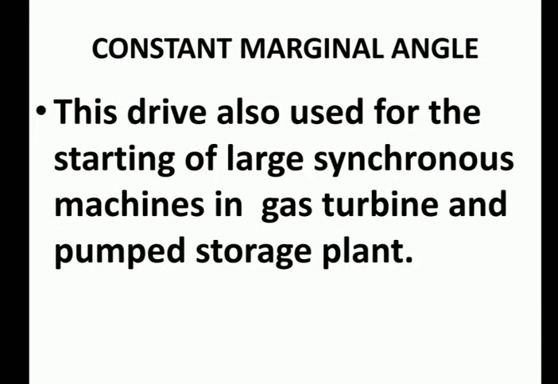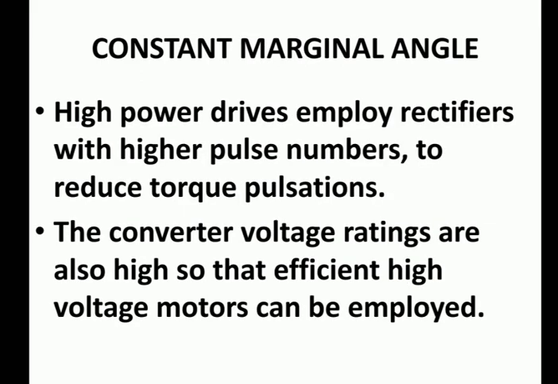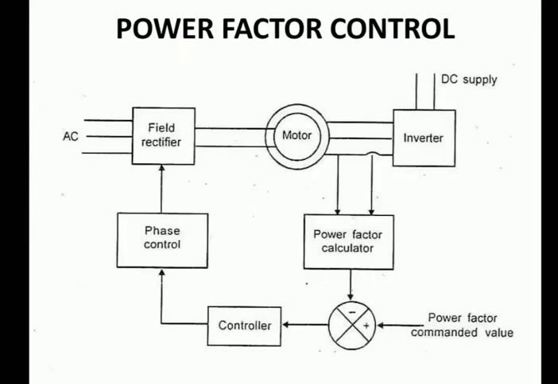This drive is also used for the starting of large synchronous machines in gas turbine and pump storage plants. High power drives employ rectifiers with higher pulse numbers to reduce torque pulsations. The converter voltage ratings are also high so that efficient high voltage motors can be employed.